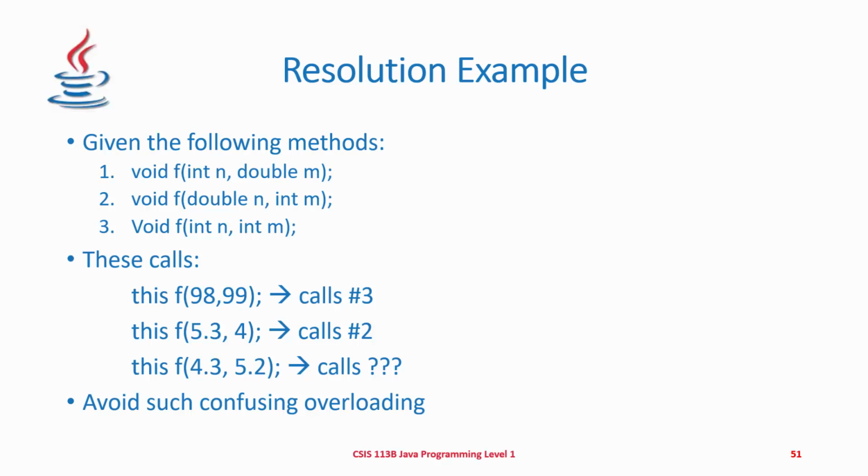So if the call is for the values of 98 and 99, then the third overloaded method shown here would be the one that's going to run. In the second call, which is a double and an int, it's going to call number 2 because that's the format. If we have a call for 2 doubles, which one is it going to call?